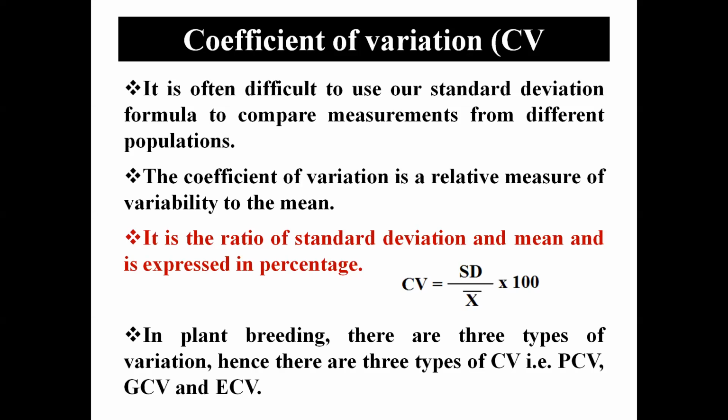It is the ratio of standard deviation and mean, and if we multiply by 100, it will give the value in percentage. In plant breeding, we know that there are three types of variation: phenotypic variation, genotypic variation, and environmental variation. So there will be also three types of coefficient of variation: PCV, phenotypic coefficient of variation; GCV, genotypic coefficient of variation; ECV, environmental coefficient of variation.